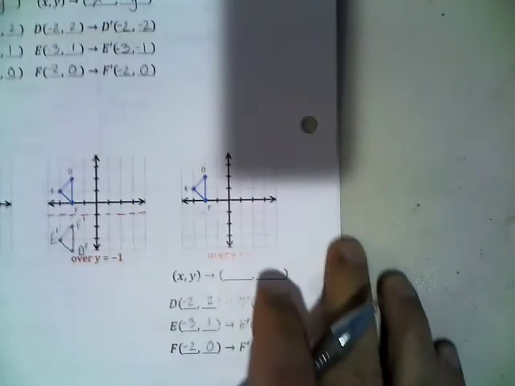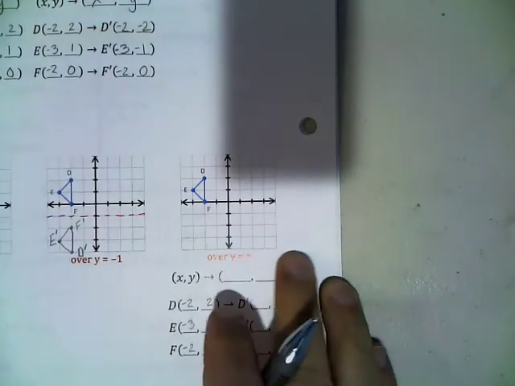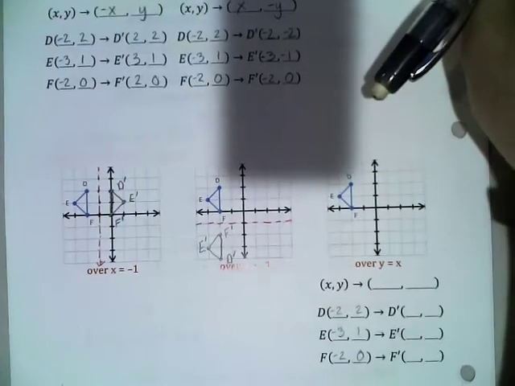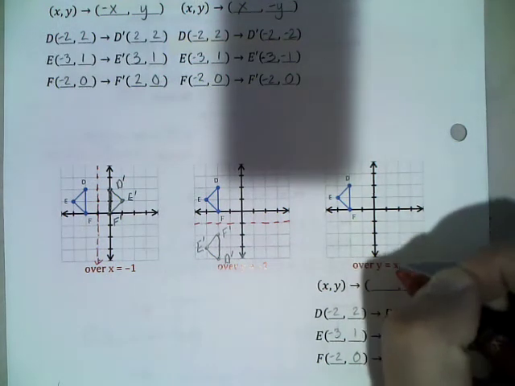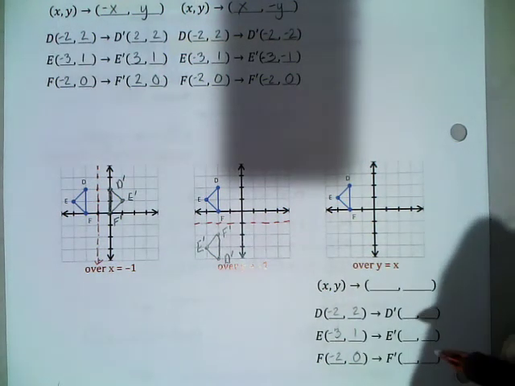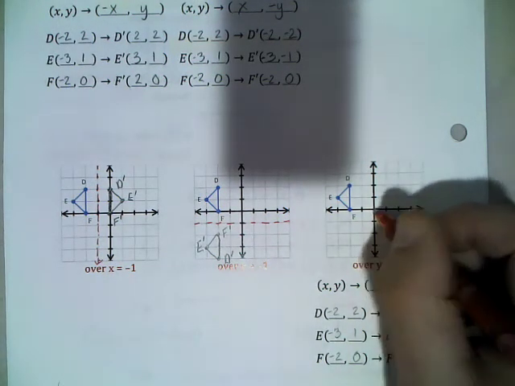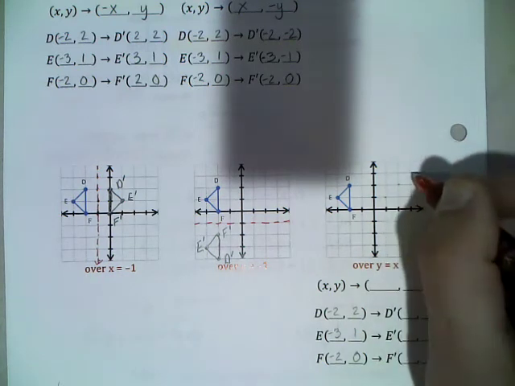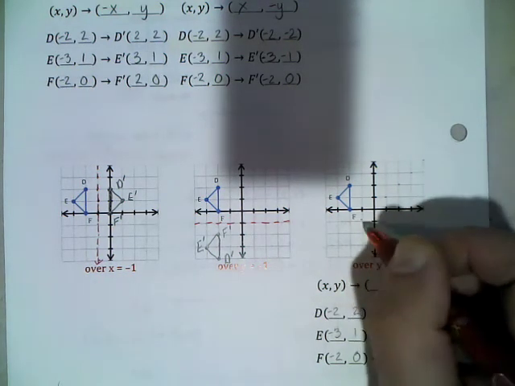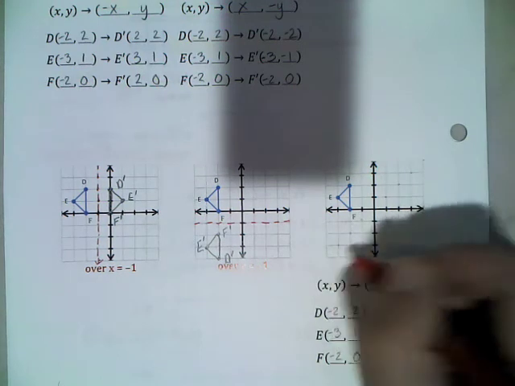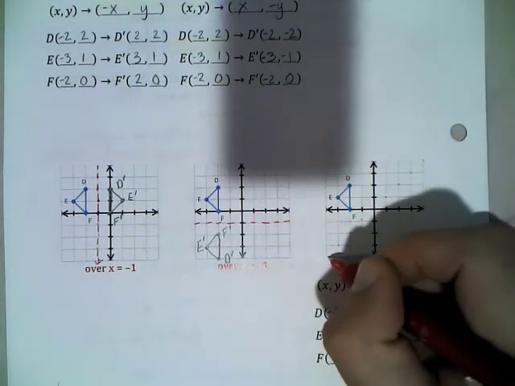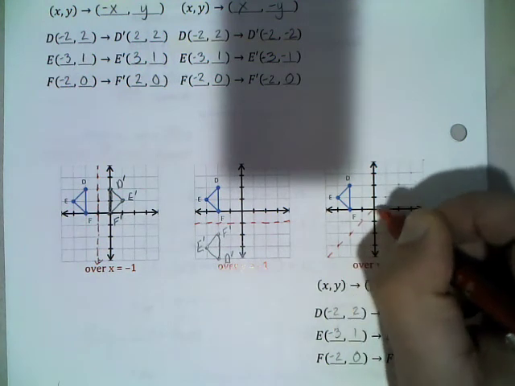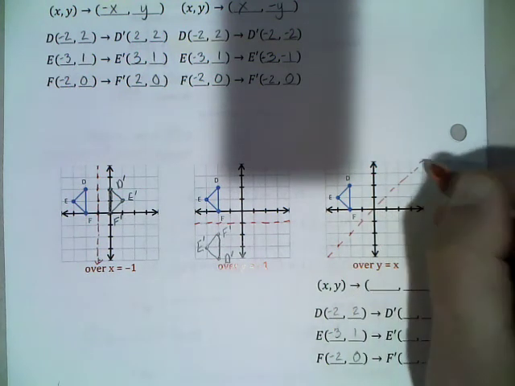this one's special. We're going to reflect over the line y equals x. Y equals x is special, partially because we're saying that all the y values have to equal the x values. Well, that's going to be true at 0, 0. That's going to be true at 1, 1, at 2, 2, 3, 3, 4, 4, negative 1, negative 1, negative 2, negative 2, negative 3, negative 3, negative 4, and on and on and on. And so we don't have a vertical or horizontal line like we've been doing.